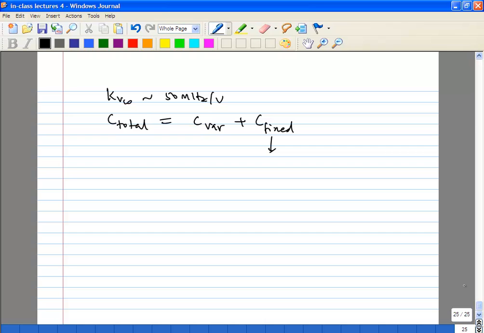But you also want the tuning range. So what you are going to do is use discrete tuning.